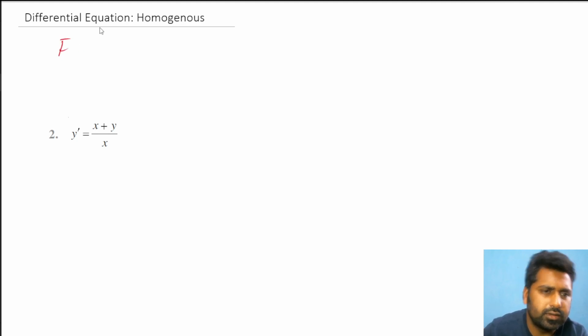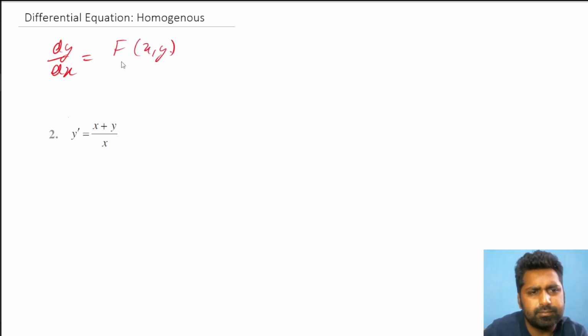Suppose you have your dy by dx is some function, let's say capital F of x and y. Something like 2xy plus 3x square plus y cube, basically in x and y both combined.